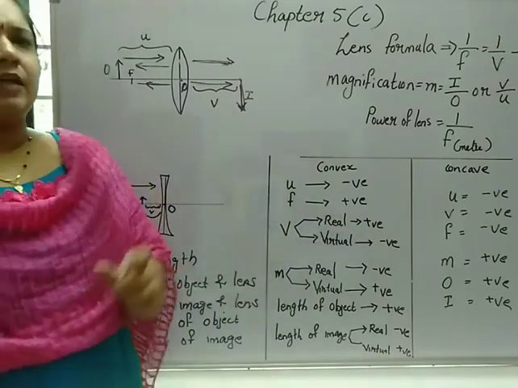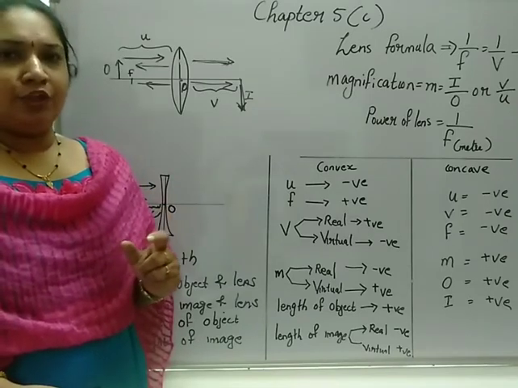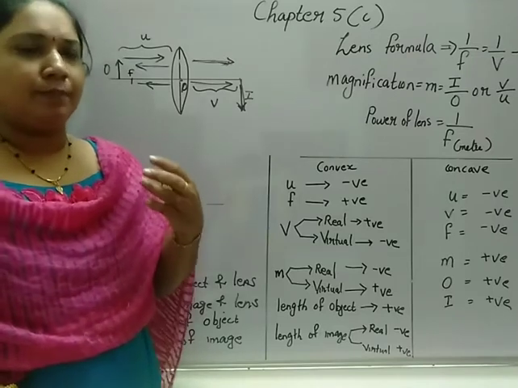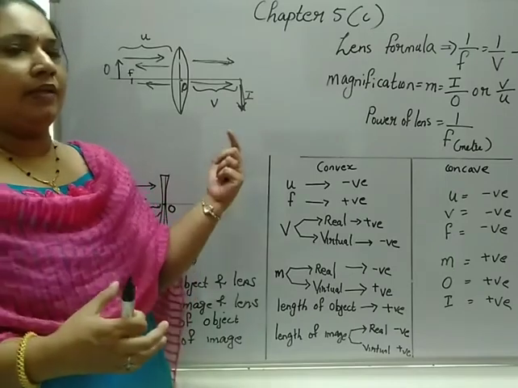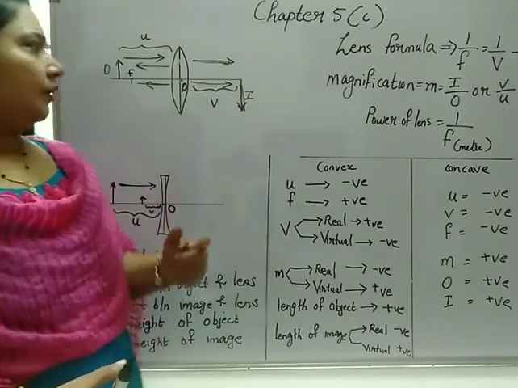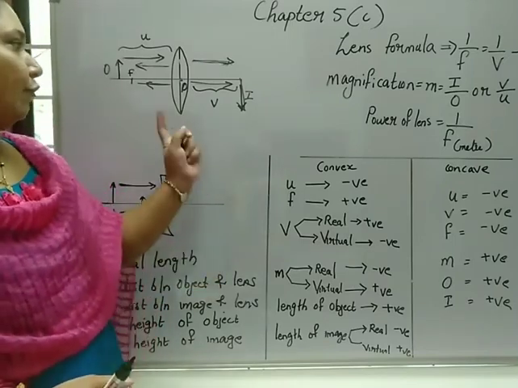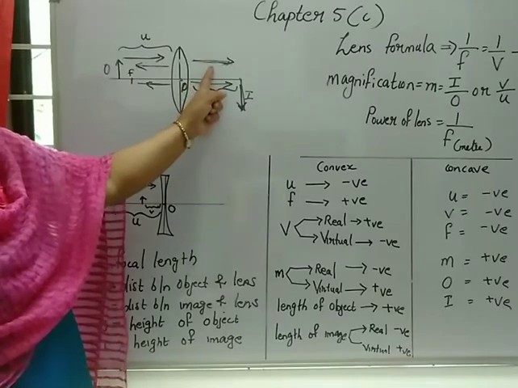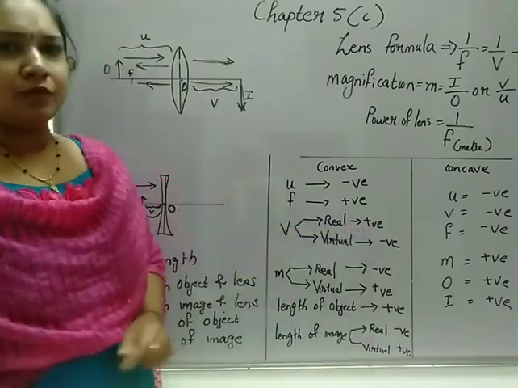And in the last diagram, when the object is between F and O, I think you remember all those things. You just revise the first chapter 5b. Then only you will get an idea of what I am explaining right now. So all the real images will be formed on the opposite side. That is why, with direction and measurement both in the same direction, real images are positive.